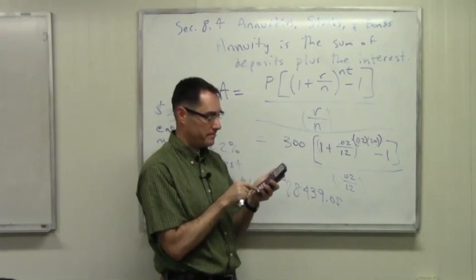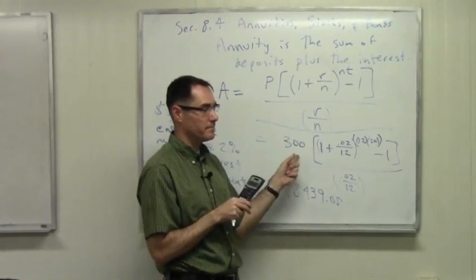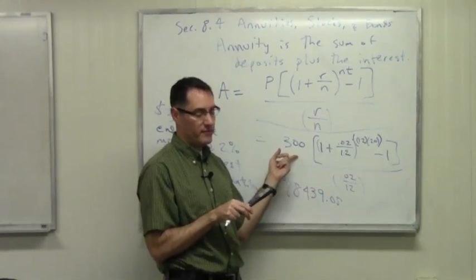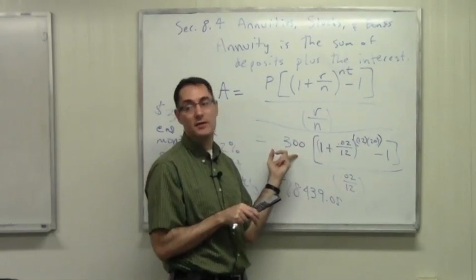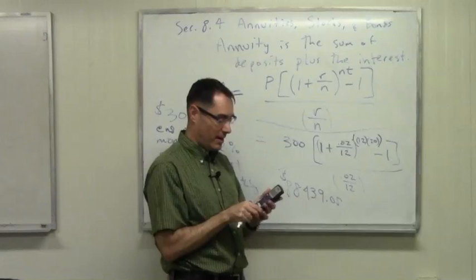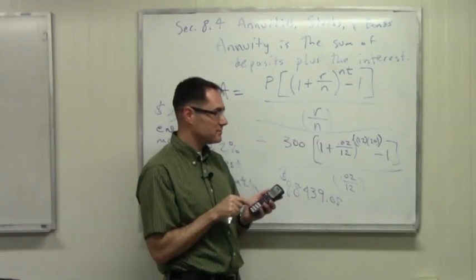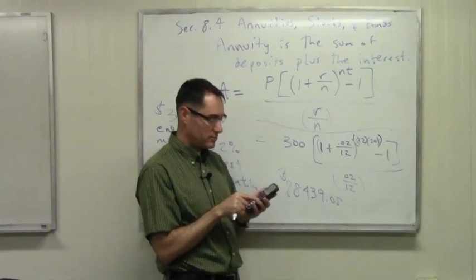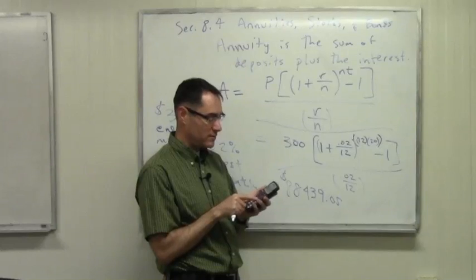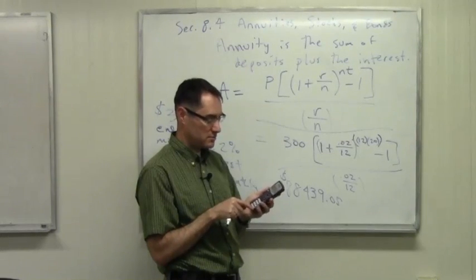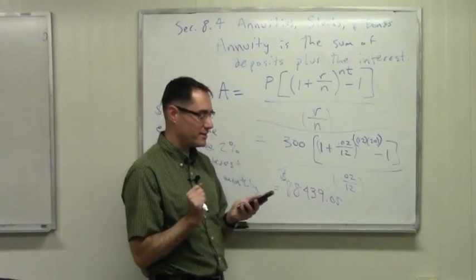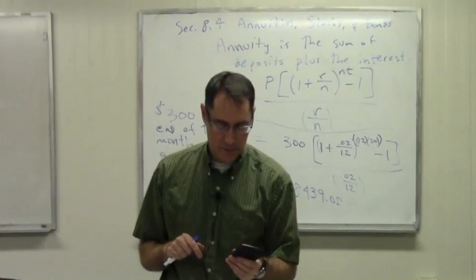Times 300, because you got to do this one. And you got 147.39 something. Okay. Divided by, open parentheses, 0.02 divided by 12, close parentheses, enter. $88,439.